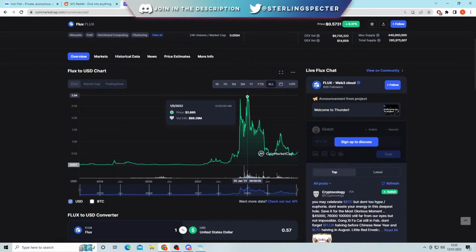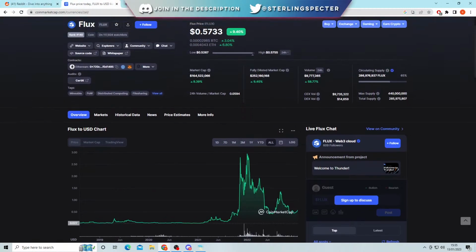Kadena is a really well-built cryptocurrency, just because of Pact, the programming language that it's built on. It allows for the sharding of the network, which is actually really good. And I think Flux is bringing out stuff.